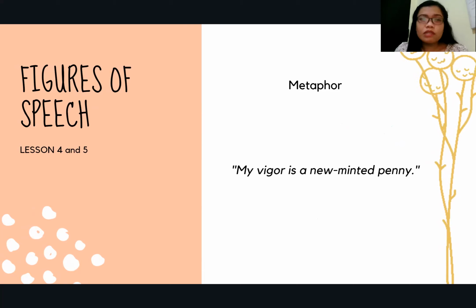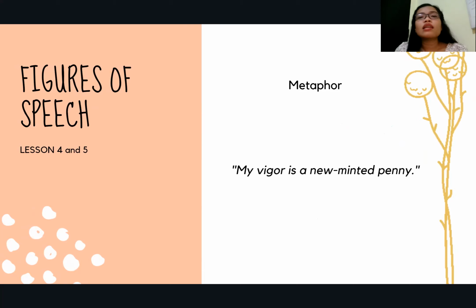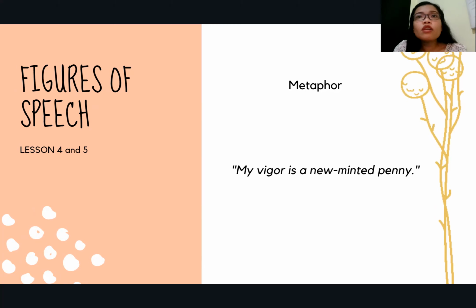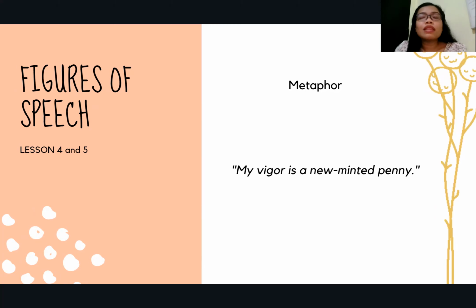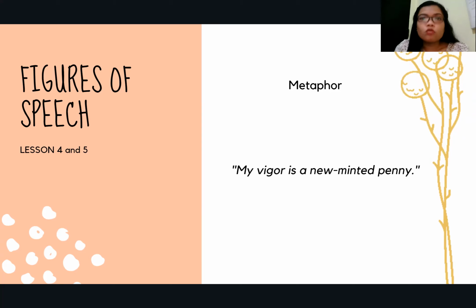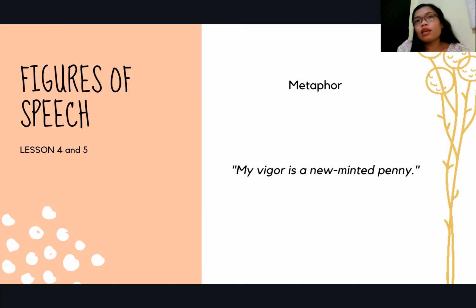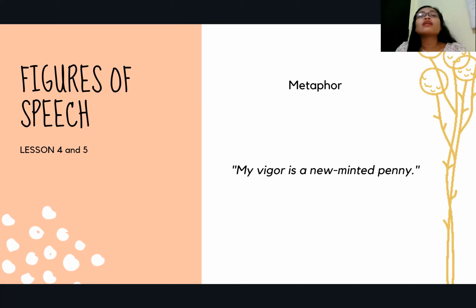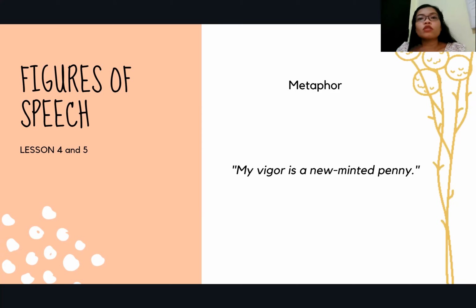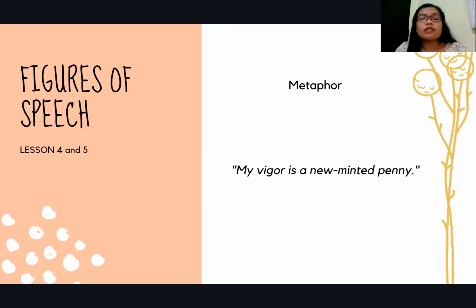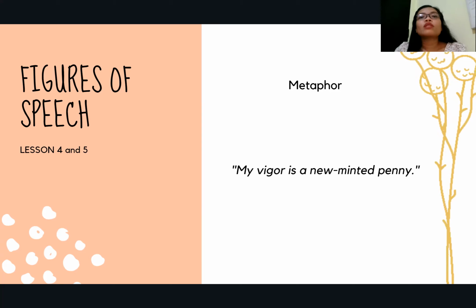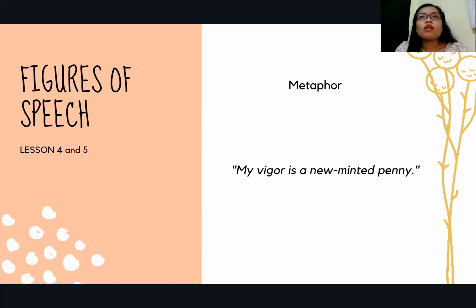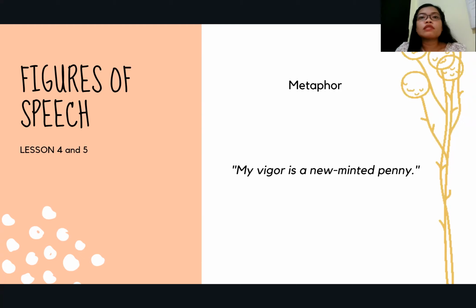However, the difference is simile has the like and as, then the metaphor doesn't have. So here is: my vigor is a new minted penny. In simile, it can be: my vigor is like a new minted penny. So that's the difference. Same comparison, but the simile is explicit while the metaphor is implicit.